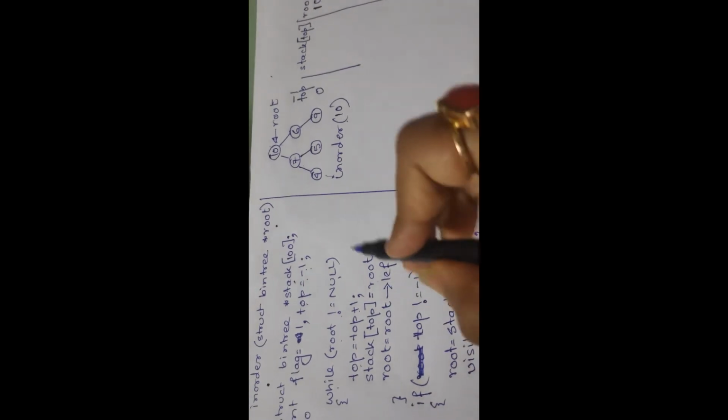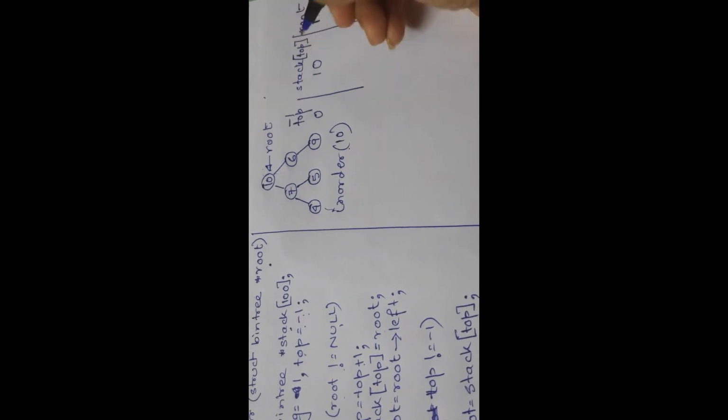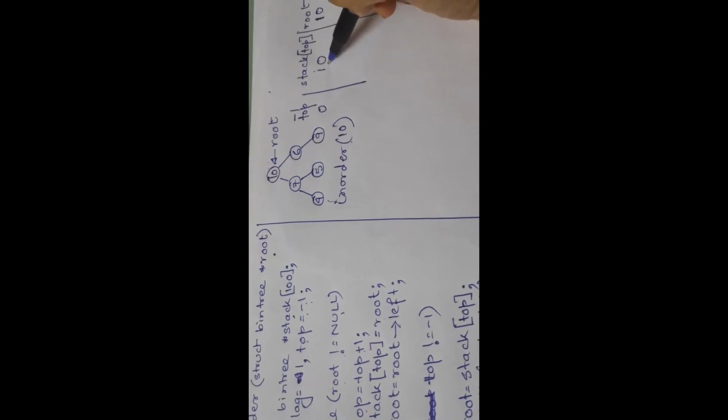Now stack top is equal to root, so we push 10 onto the stack. Stack 0, that means the 0th element of this stack array, is 10.